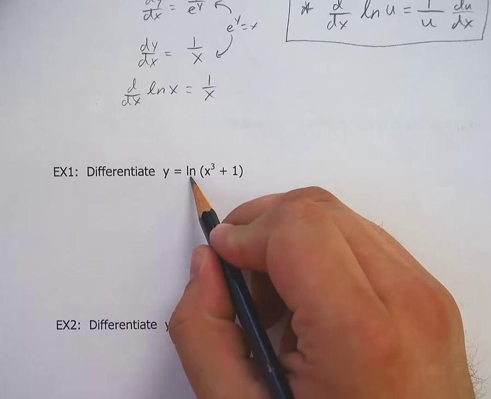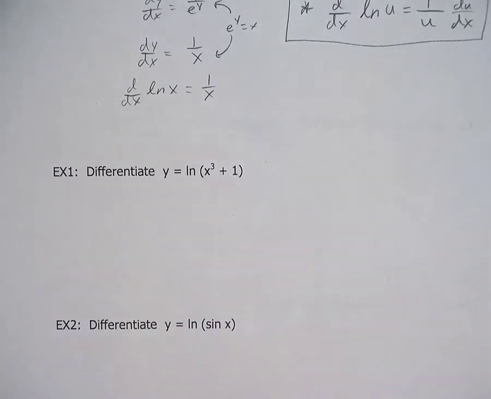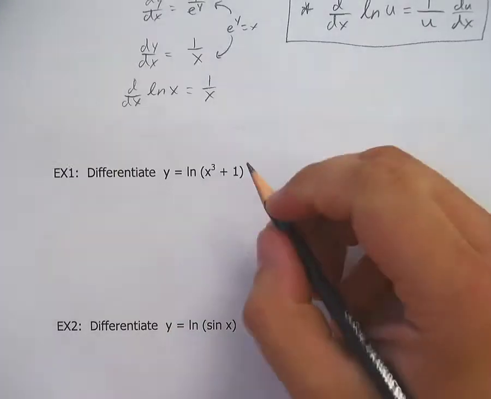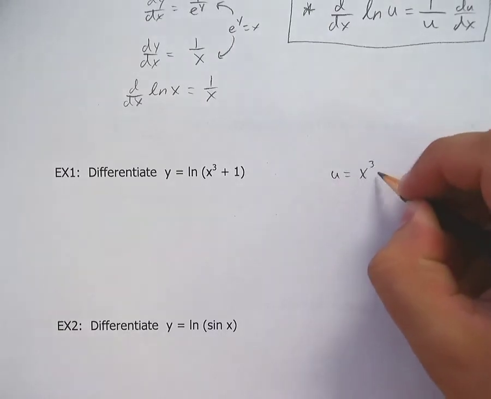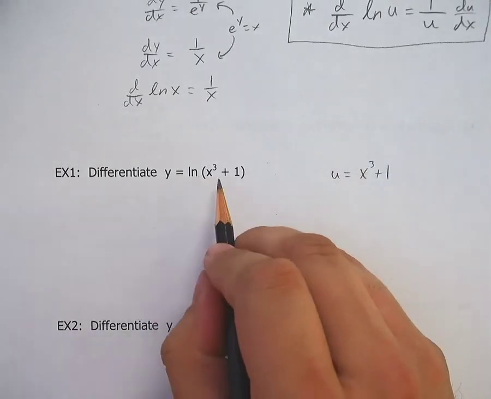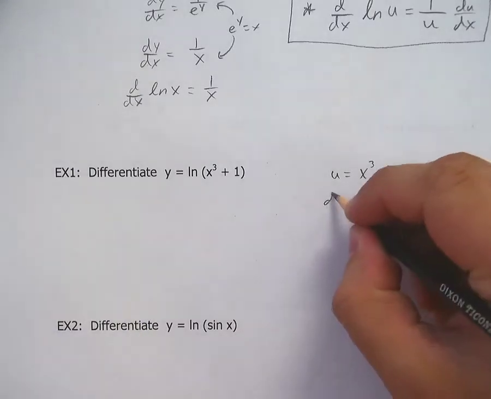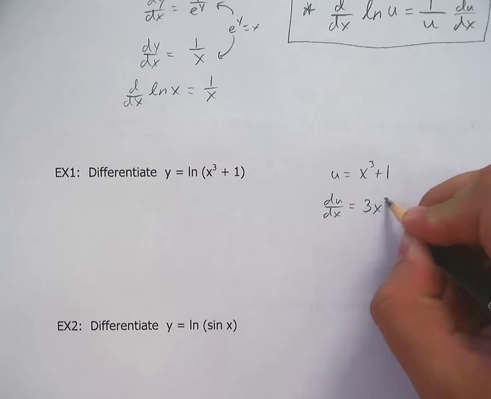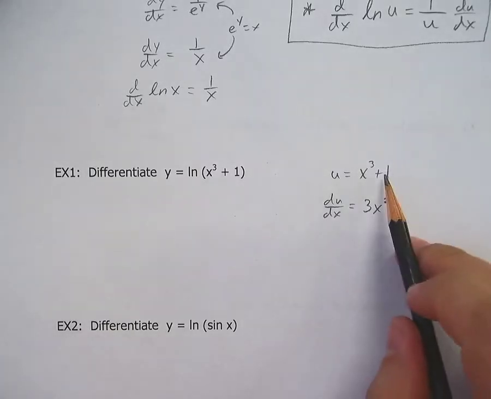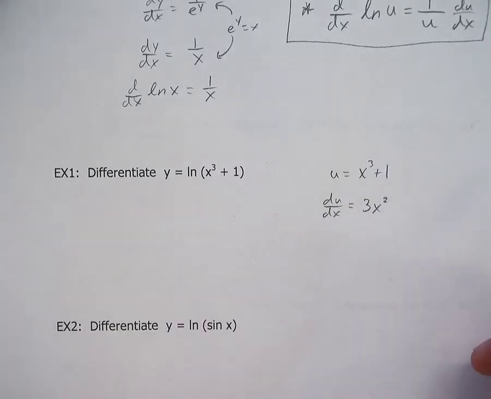We've got the natural log of x cubed plus 1. So first, I'm going to label u. U is x cubed plus 1. It's natural log of u. So du dx, 3x squared, plus 1 would be 0, so just 3x squared.